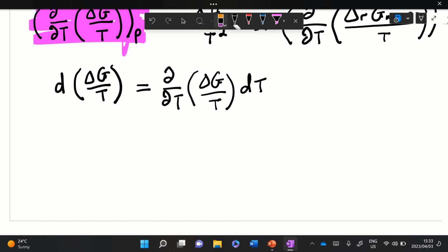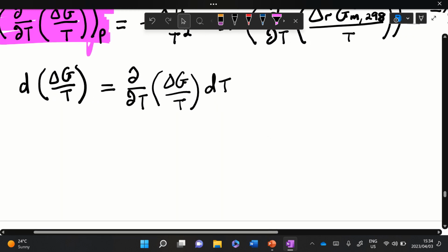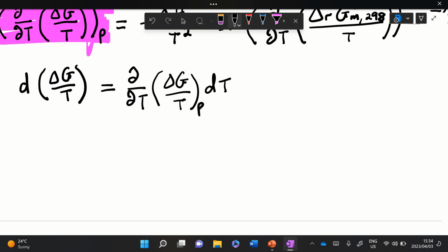You see this pops out again, but of course there's a partial differential that we have, and then we have the dT part. Just as we used the fundamental equations with the Maxwell relations, we're writing out this part again. So that's the left-hand side. Of course, this is at constant pressure, so actually you should just write that in. Okay.